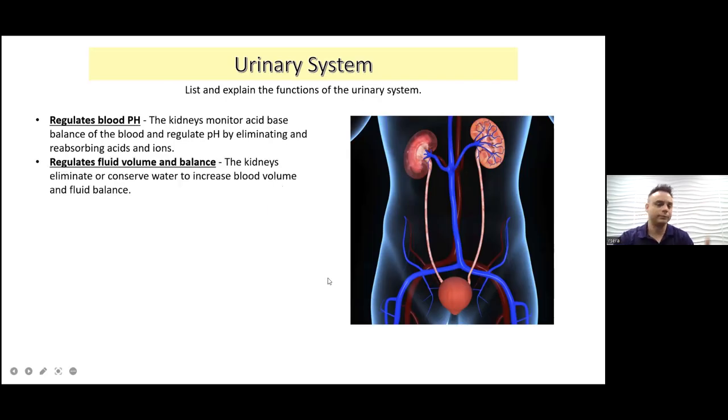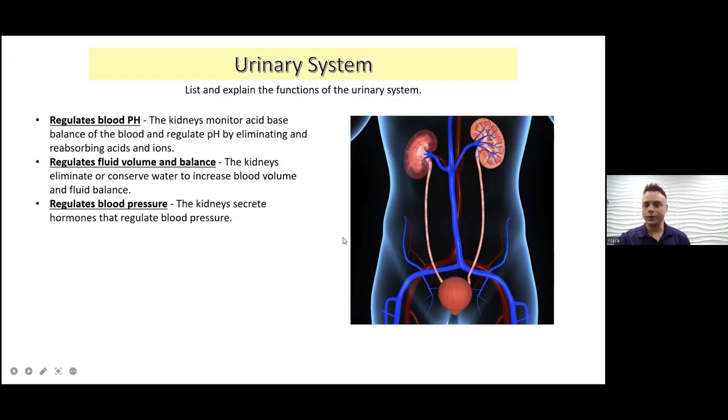Of course, being that we pee, right? That pee helps to regulate how much fluid is in our system. So again, there's hormones that are produced by the system, both through the heart and the kidneys itself, which monitor and tell us like, hey, we got too much fluid, we want to pee. So therefore we can remove the excess water from the system.